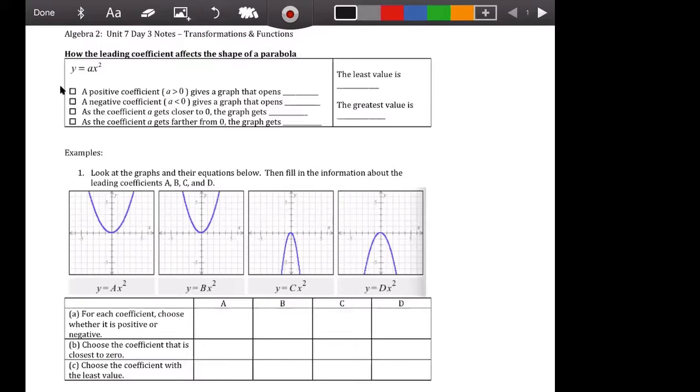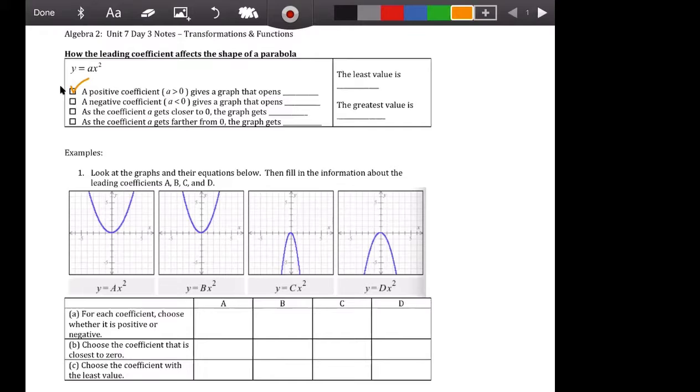If they put a number in front of x squared, okay, x squared by itself is a parabola. Any number put in front of x squared is going to affect the shape of the parabola. So let's go over what those effects are. First, a positive coefficient.